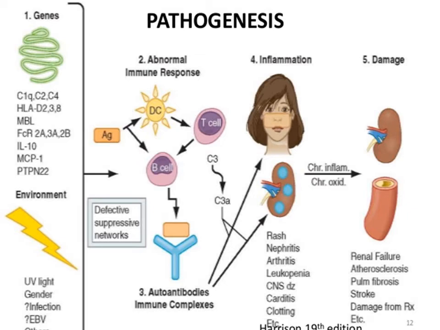Pathogenesis of SLE, like we have discussed: there is genetic predisposition like human leukocyte antigen D2, D3 and D8, and certain deficiency of complement factors like C1q, C2 and C4, and that is triggered by certain environmental factors like ultraviolet light, female gender, infections that trigger the process of apoptosis, and this apoptosis releases nuclear DNA, and this triggers the abnormal immune response, defective B cell response and T cell response, which results in formation of autoantibodies.